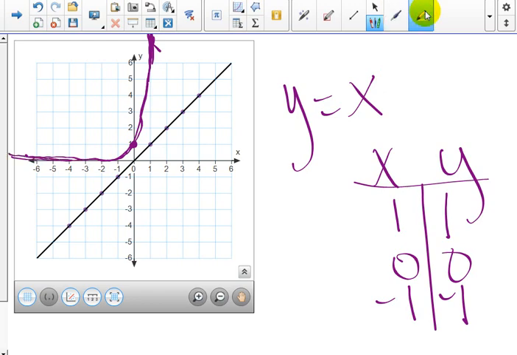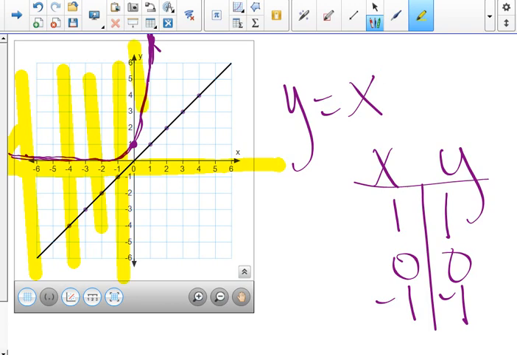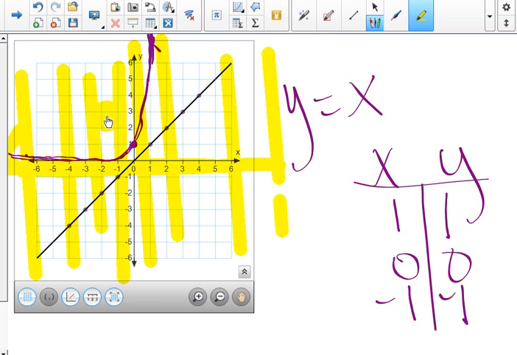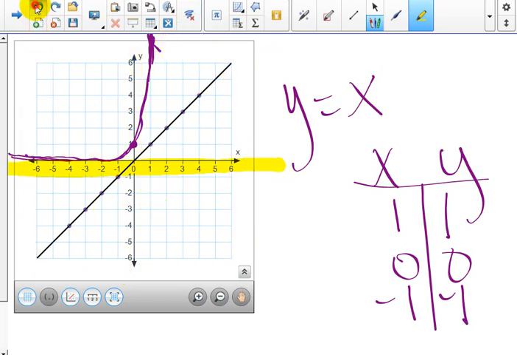So if we look again, let's talk about domain and range. Domain is what are all the x values? Well, I could draw a line anywhere through this, because you know this goes on forever and ever, touching everything out to infinity. So my domain can be all values. My range is my y values. So what is my range here?